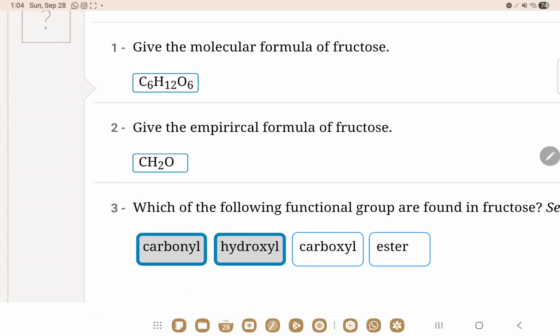Carboxyl is C double bond C. Ester is C double bond O, and then so look, this is C double bond O. Hydroxyl is OH. Carboxyl, my bad, is C double bond C. Ester is C double bond OO. So what do we have here out of these options? We have these two. Moving on.